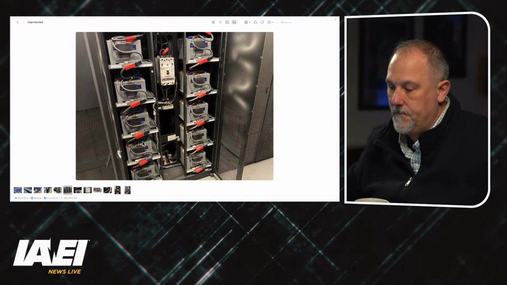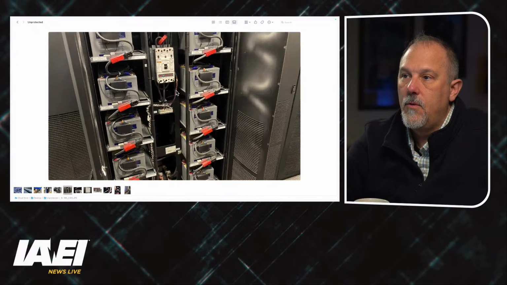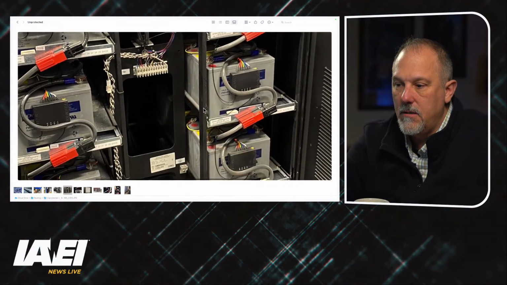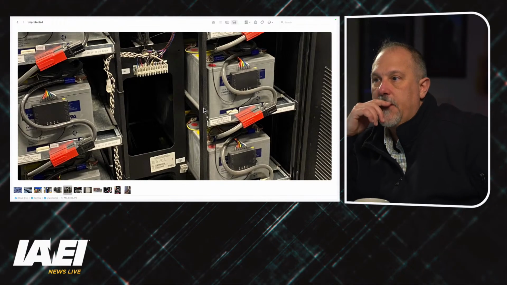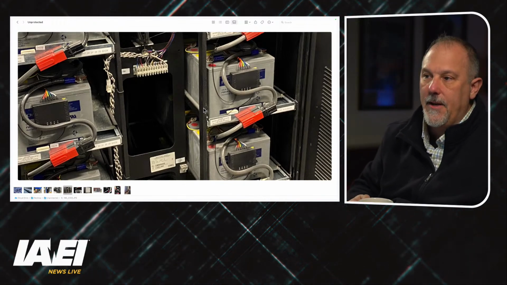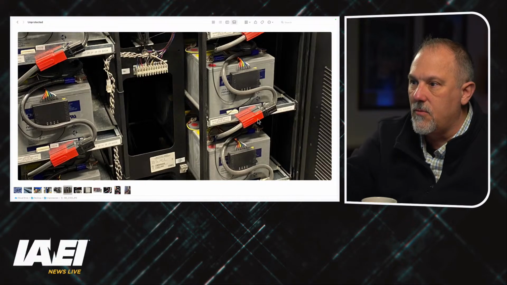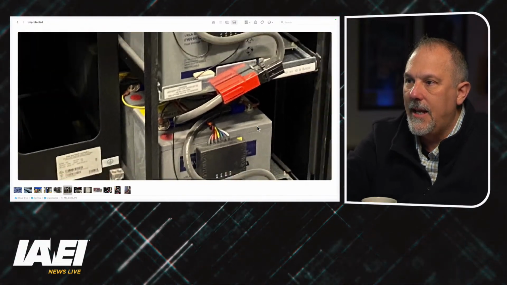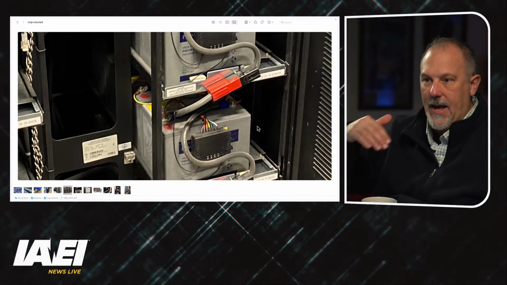What other system? How about this? Look at these. These are batteries. Those conductors coming off of that battery are not protected right at its source. Look at that. That is a conductor coming off of a battery.